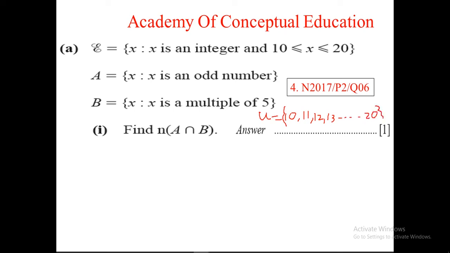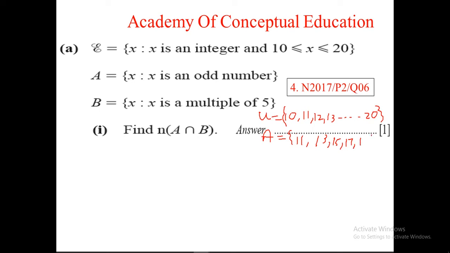Similarly, the second one, x is an odd number. So set A will be equal to the odd numbers, but keep in mind that we should not exceed the limits of U. From the U set, we can see that the odd numbers start from 11. So 11, 13, 15, 17 and 19.